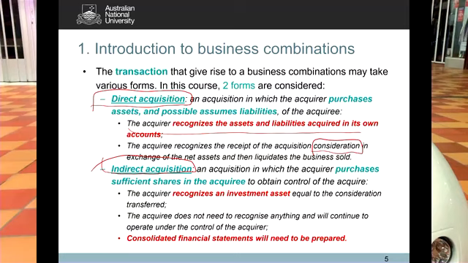So when you see the word consideration in our combination settings, that's what the acquirer has to pay to the acquiree. In exchange for the net assets, the acquiree, the one who has been targeted, who has been acquired, will liquidate their business. So basically, one party ceases their operation.